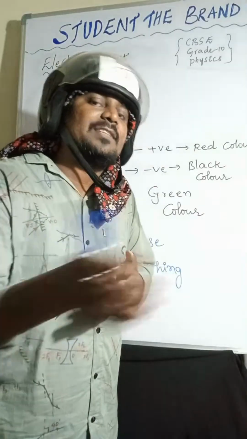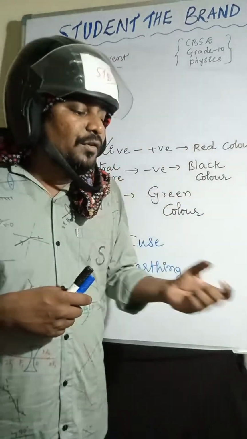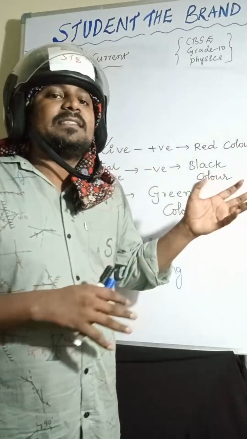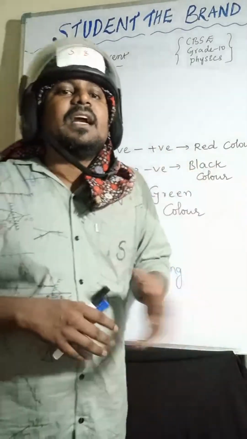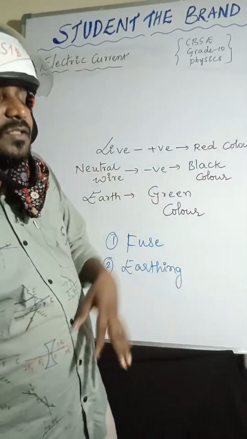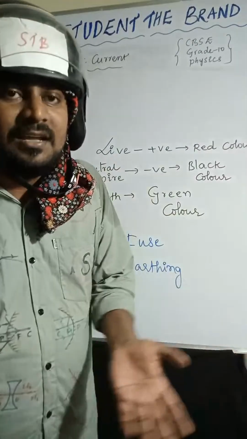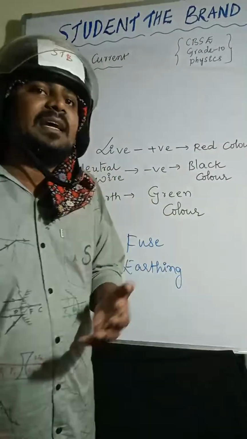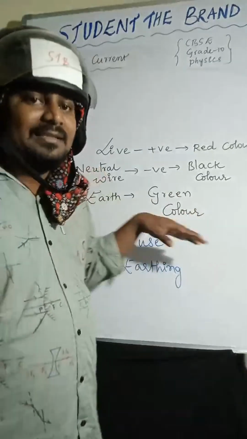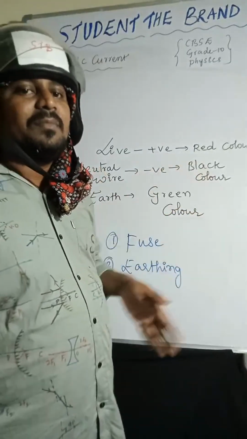If extra current is flowing in the circuit, the fuse melts and breaks the circuit and protects the appliances. Even with earthing, if extra current is there in the metallic bodies, it will be sent to the ground.